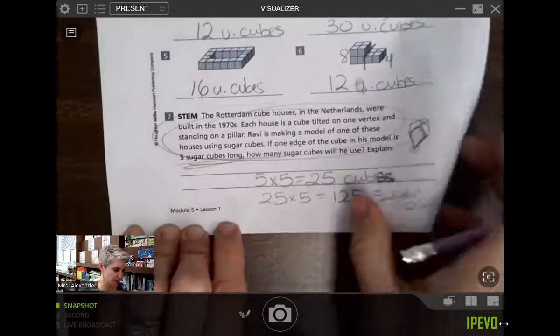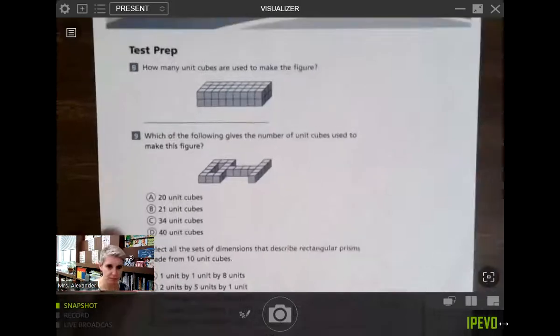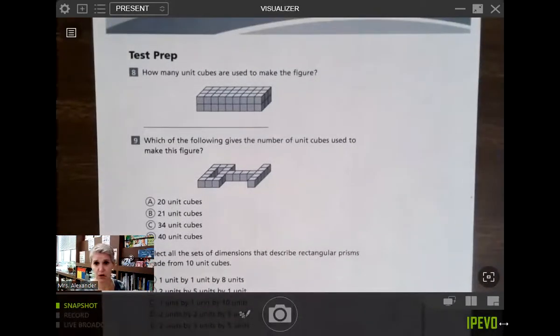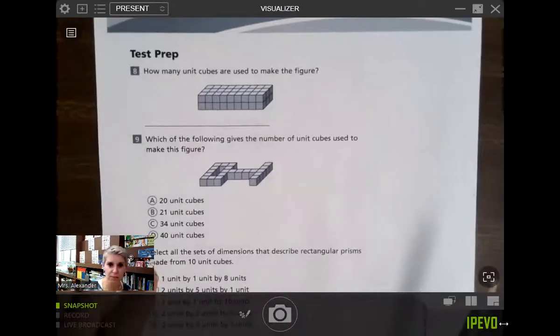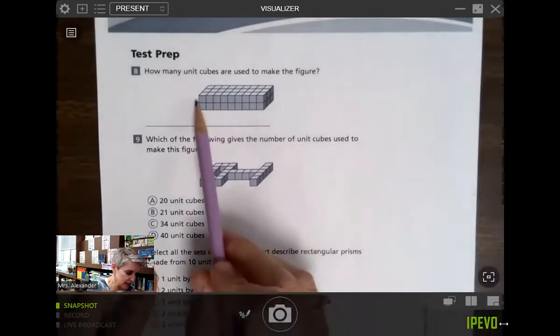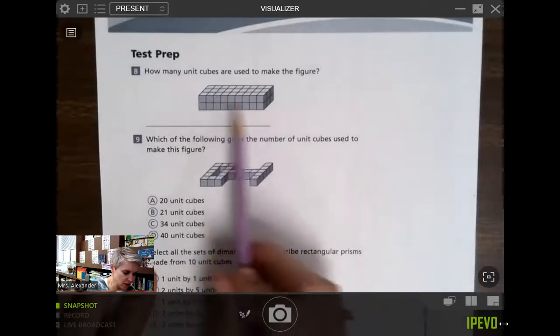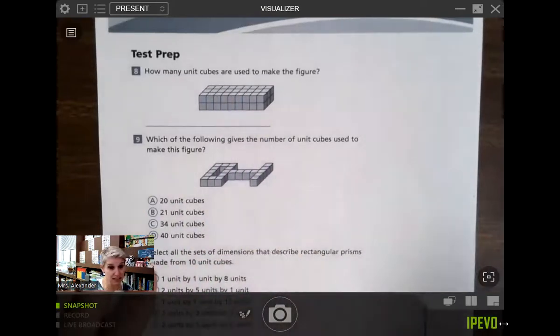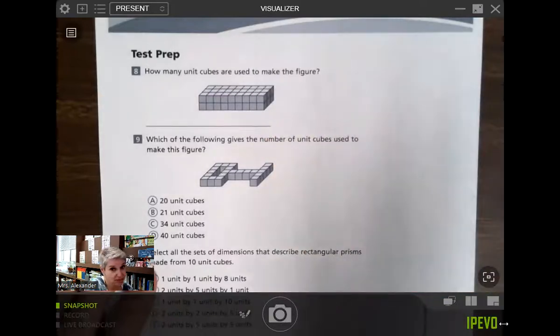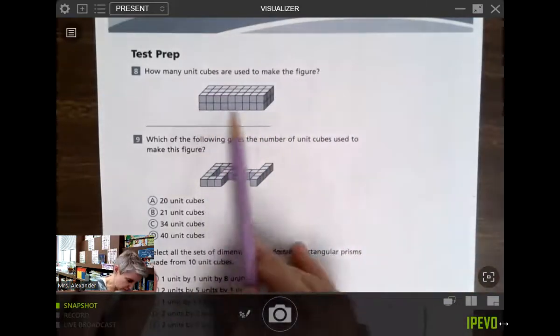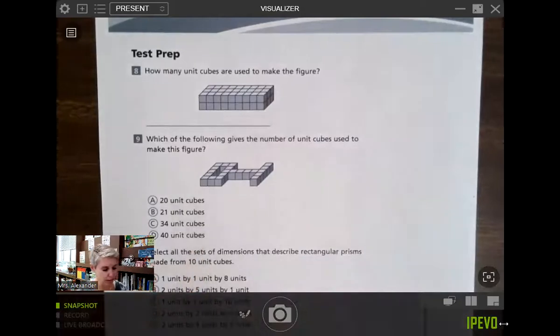They're pretty amazing. Right, if you look at the test prep then, let's see if you would be ready for this part of the test. The first one says how many unit cubes are used to make the figure. Again, I can see the top layer. I can't see the bottom layer, but it can't just be floating, right? So I know there's a bottom layer and a top layer. This is a right rectangular prism, so it will be the same.